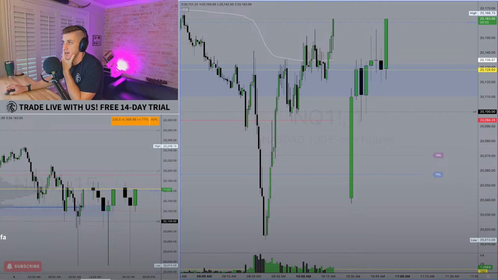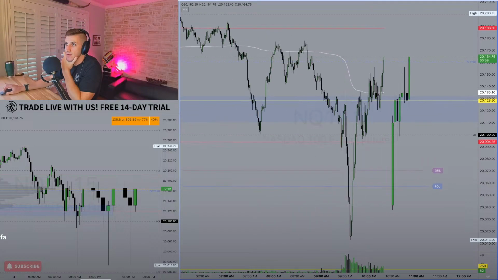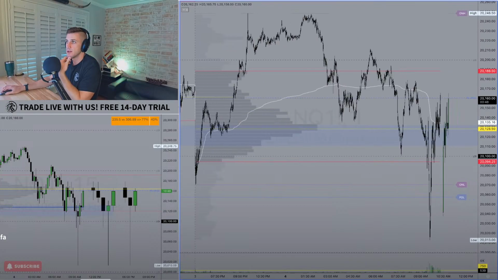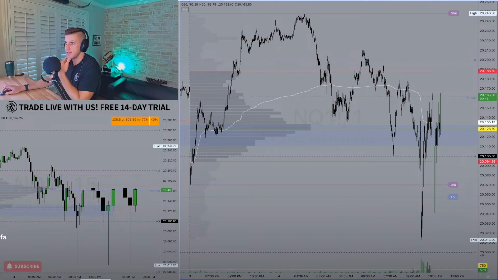There's your new high of day and NQ up into the prior day volume point of control. So next major upside level here is the 200 level of interest. Where's our overnight high? Overnight high is way up into 250.